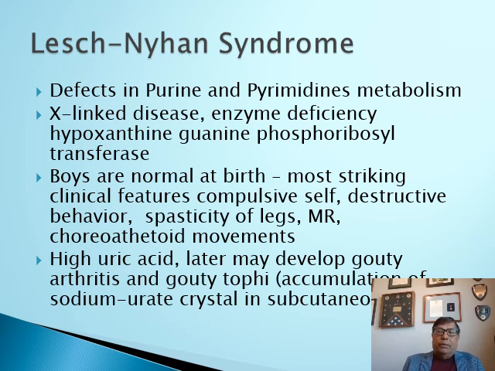They are usually normal at birth, and slowly and gradually they develop compulsive, somewhat autistic, and more destructive behavior as time progresses. They develop spasticity of the legs, are mentally challenged, and have choreoathetoid movements. They have high uric acid, and because of that they develop gout, tophi, and arthritis.